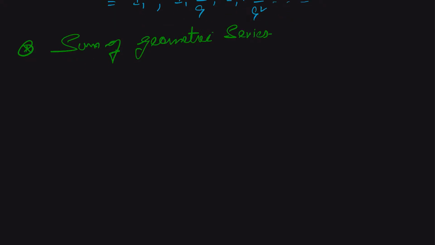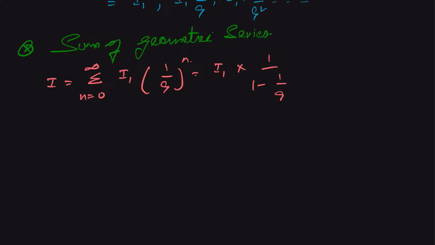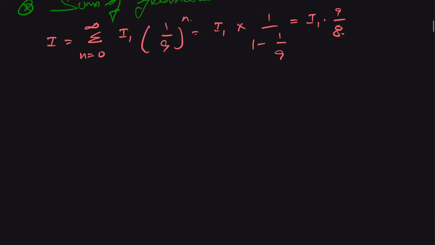Therefore, we can write that the moment of inertia I will be equal to the summation from 0 to infinity of I1 times 1 by 9 raised to the power n, and we can just write this as I1 times 1 upon 1 minus 1 by 9. So this gives us I1 times 9 by 8, and we know that I1 is 5 upon 27 M A square.